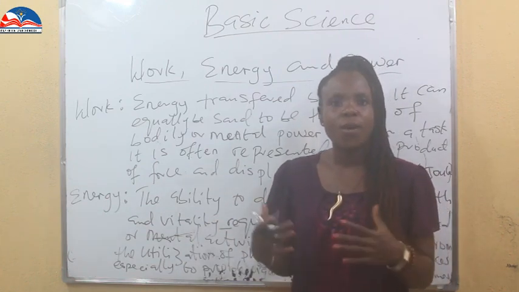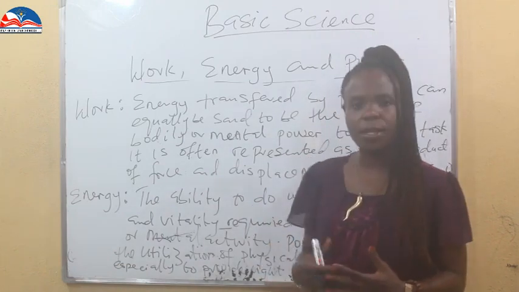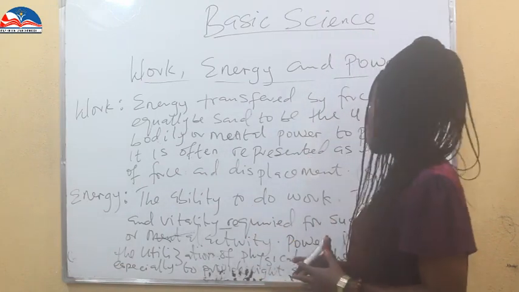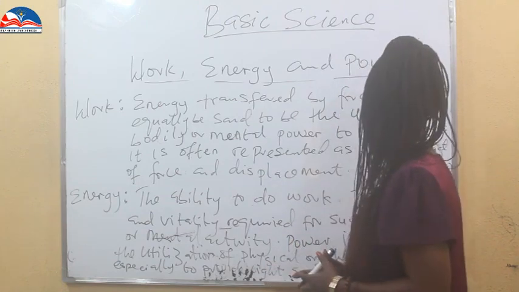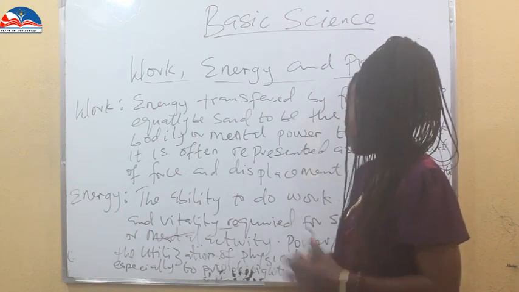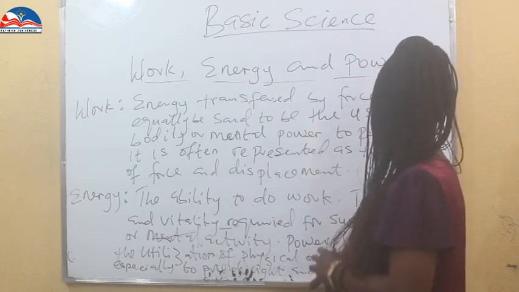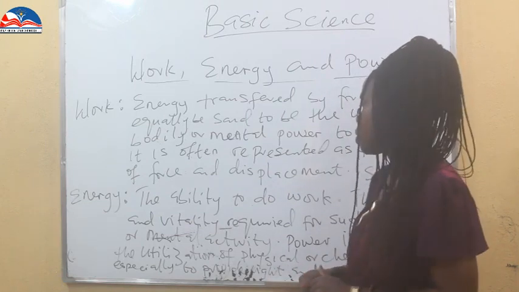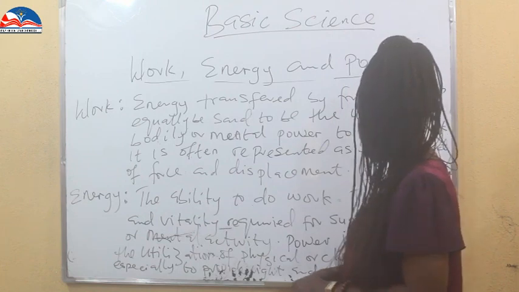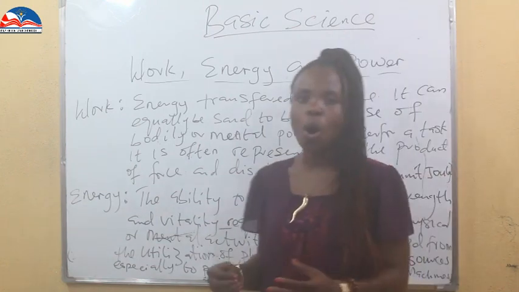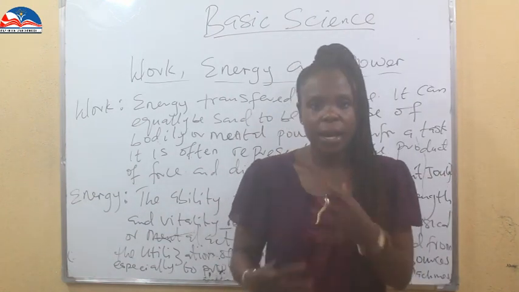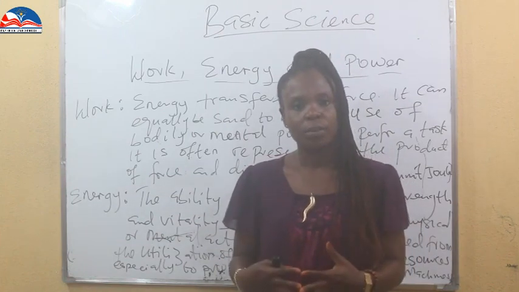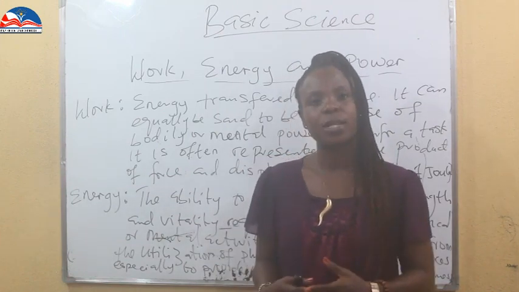So in science, we say that energy is the ability to do work: the strength and vitality required for sustained physical or mental activity. Power is derived from the utilization of physical or chemical resources, especially to provide light, heat, to work mechanically or with a machine or with our own physical strength.